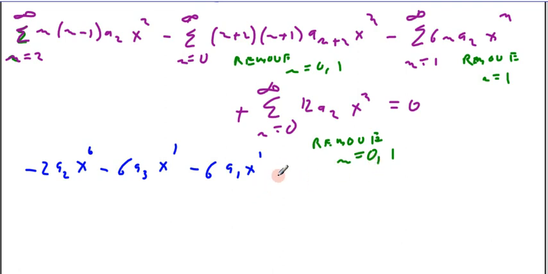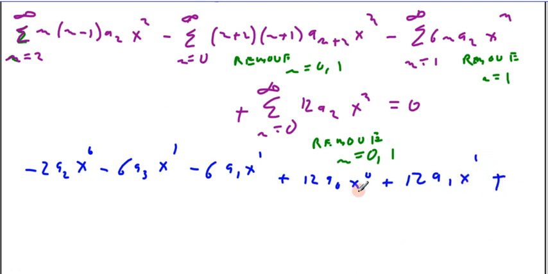Removing the 0 term, plus 12a0 x to the 0, plus the 1 term, 12a1 x to the 1.